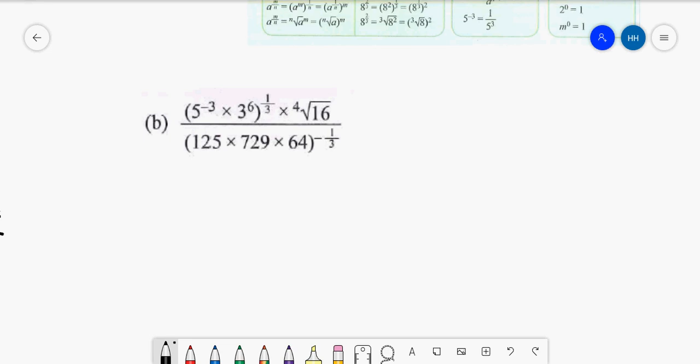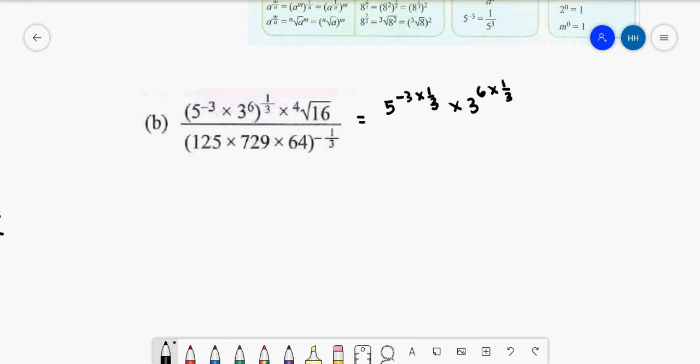You see that this got bracket and you have base 5 and base 3 here. So you must write as 5 to the power of negative 3 times 1 over 3, because the power inside the bracket and the power outside the bracket you must multiply. And then you have times 3 power 6, and also times 1 over 3.